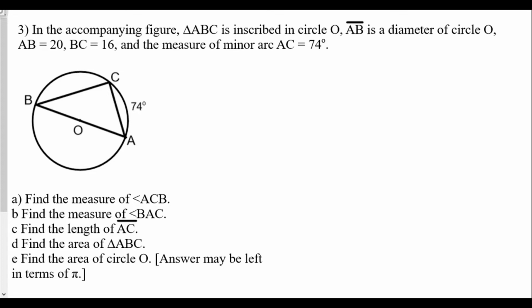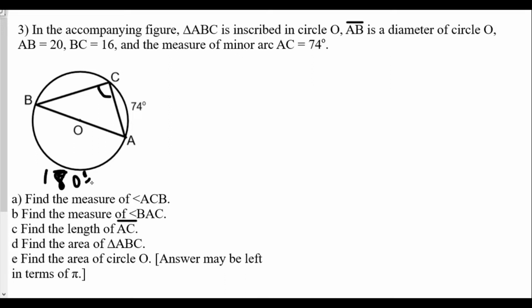Okay, all right, ladies and gentlemen, part A: find the measure of angle ACB. Angle ACB is this angle here. One of the things we know is that diameter AB cuts the circle into 2 parts, so this arc is going to be 180 degrees.